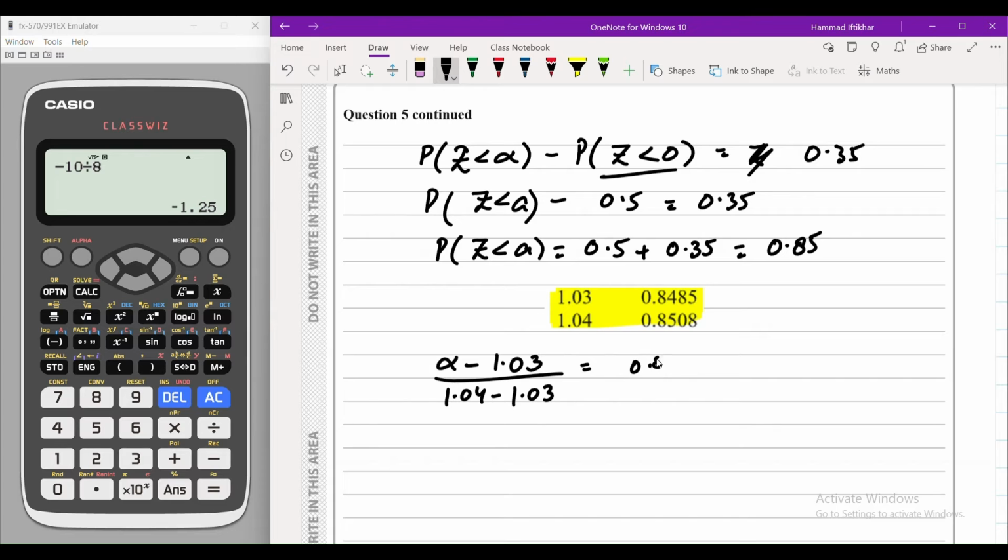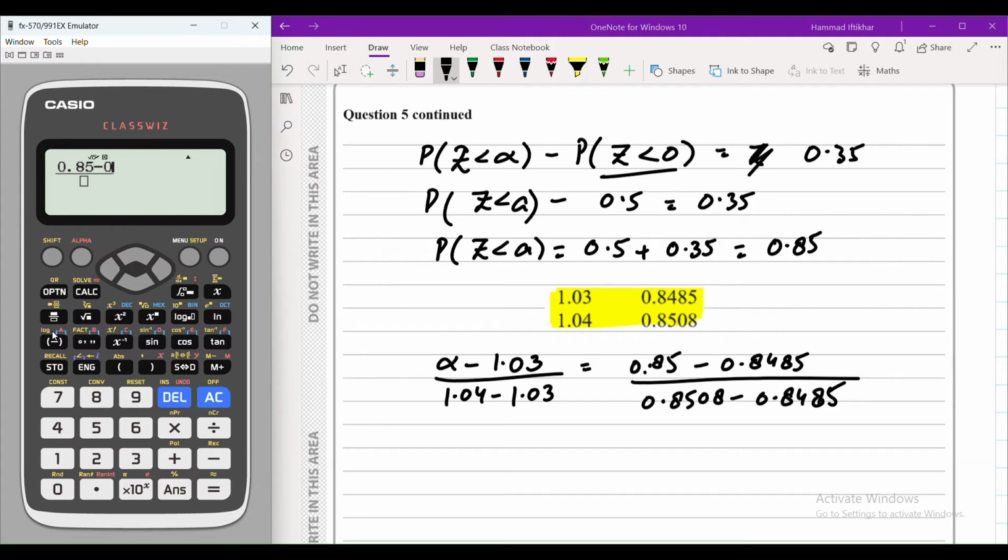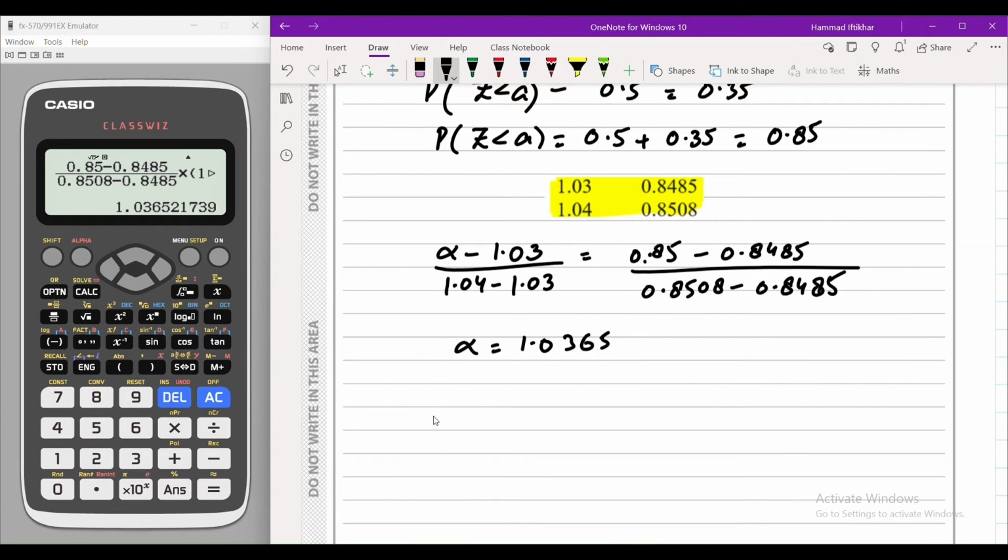So 0.85 minus 0.8485, divided by 0.8508 minus 0.8485, times 1.04 minus 1.03, plus 1.03. So alpha is 1.0365.